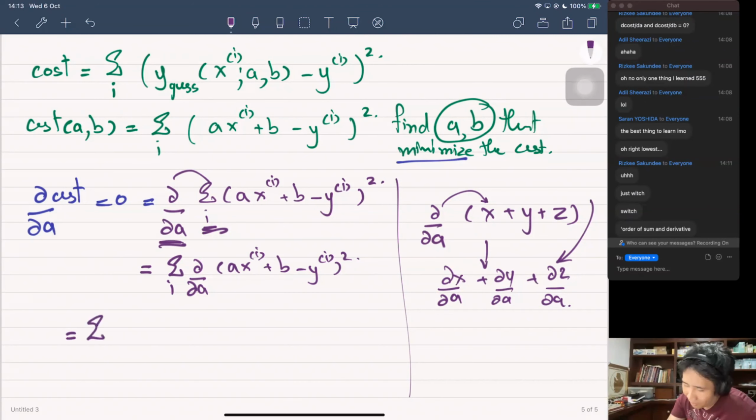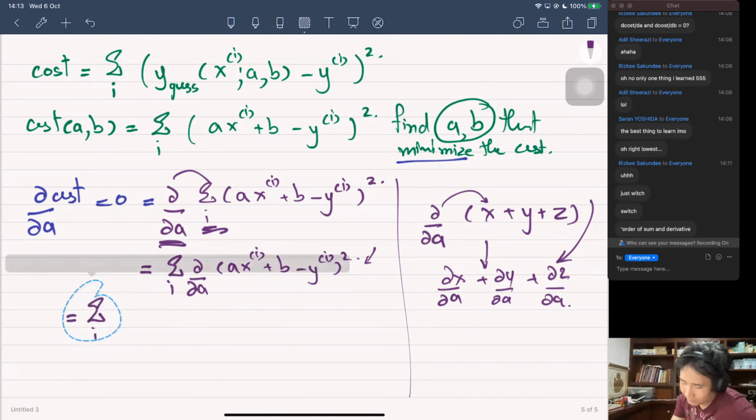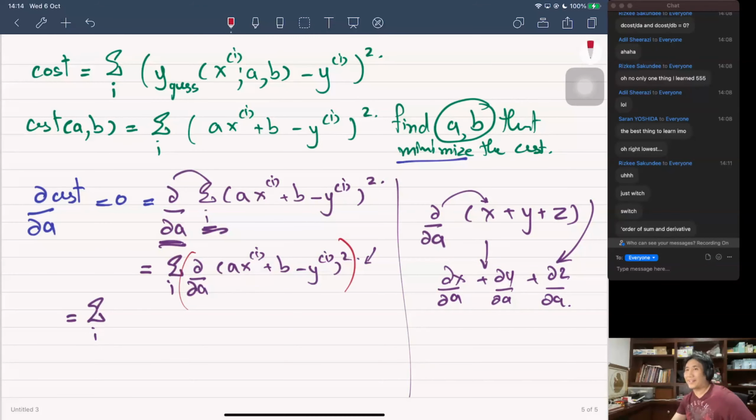So we have the sum over i of d by da. How do I take the derivative of this? Can anyone tell me? How do you do the thing in the red parenthesis?